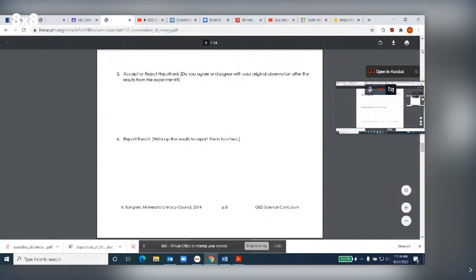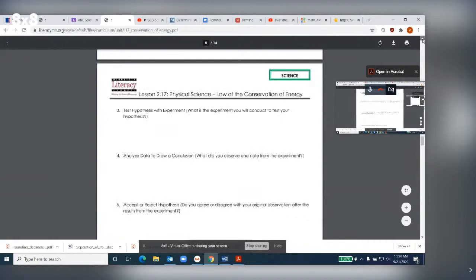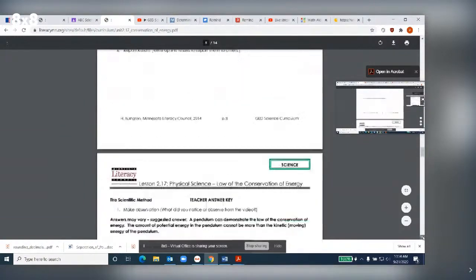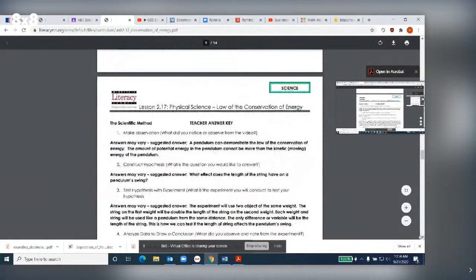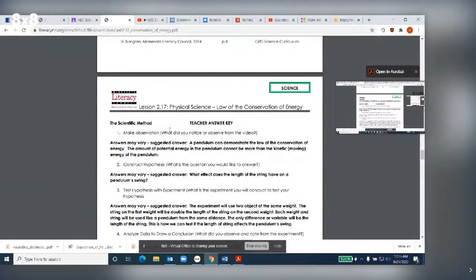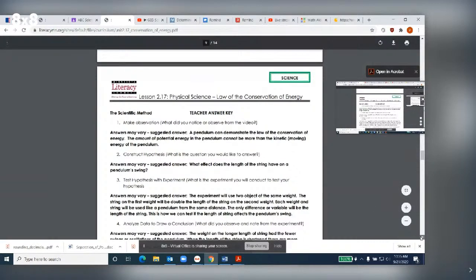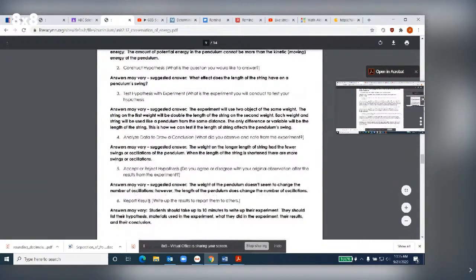And up here, it asks you to do something with a pendulum, similar to what the video did. It asks you to do your own experiment. And here are basically the answers, the steps of the scientific method. You make an observation, construct a hypothesis, test the hypothesis, analyze the data, accept or reject, and report results.